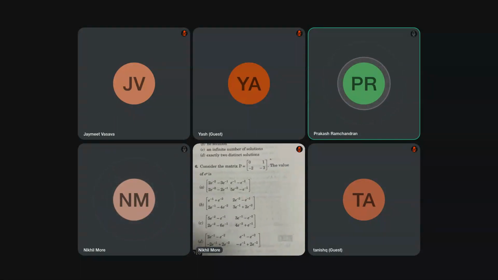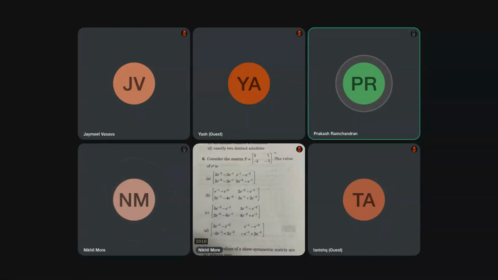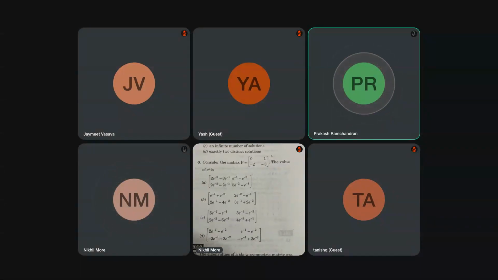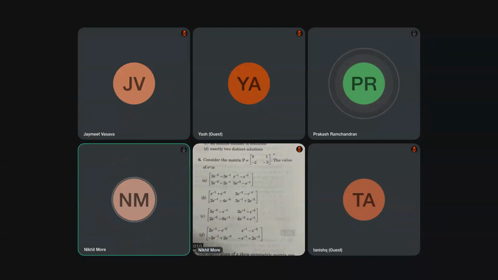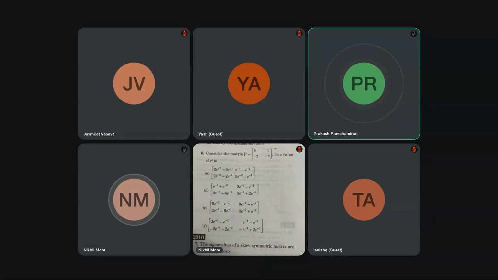If you have e raised to a, the transform of that is 1 upon s minus a, something like that. But all said, you don't have to do many things. You see that in the first matrix there are two minus signs at the bottom. Which one has minus at the bottom? First one, no. Second one, no. Third one, no. The only one is D, which has a minus in the beginning, right?